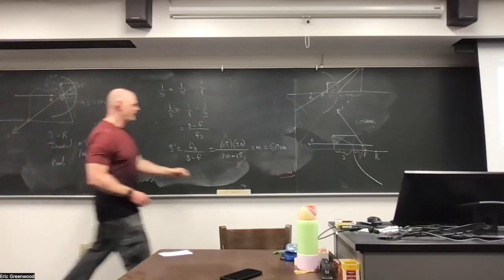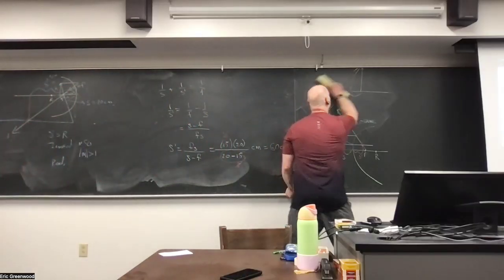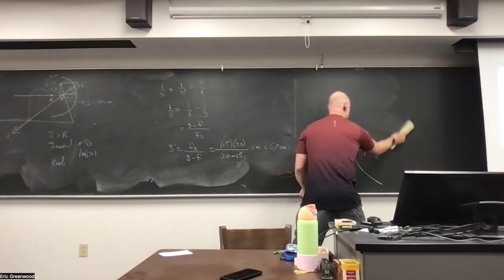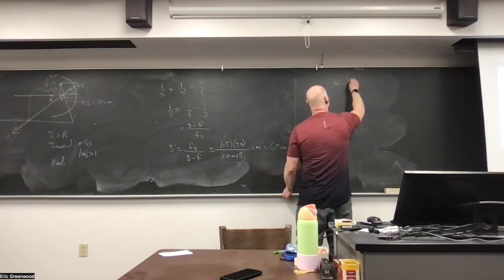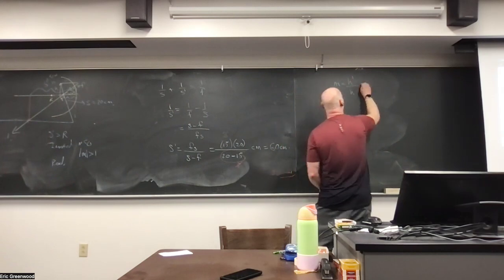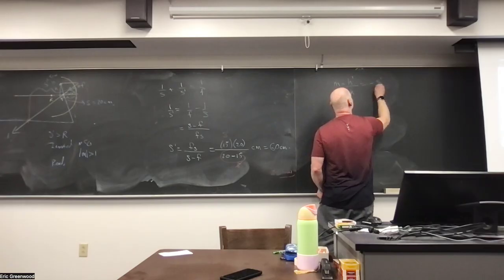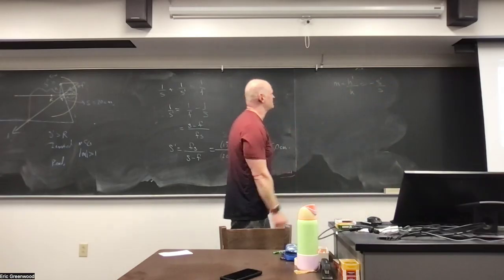Okay, cool. So now from here, we want to know the image height. Let's start off with the magnification. We know the magnification is equal to the image height divided by the object height, which is also equal to negative of the image distance divided by the object distance.